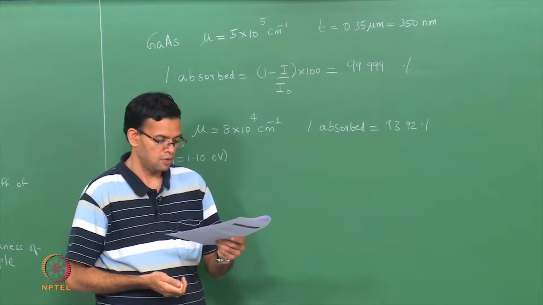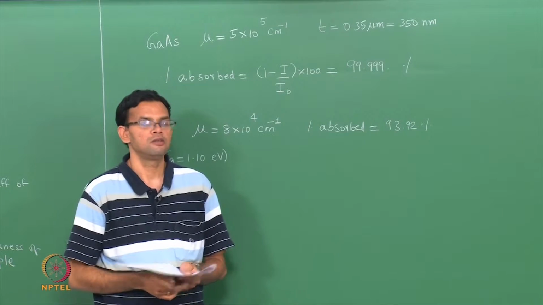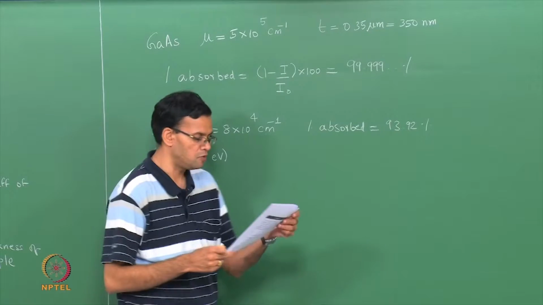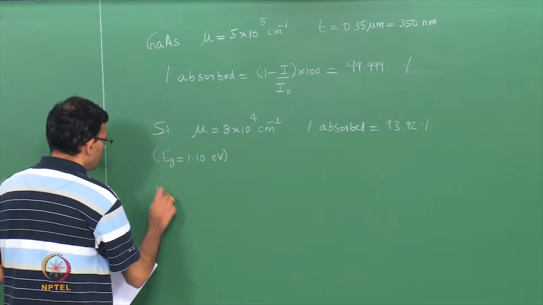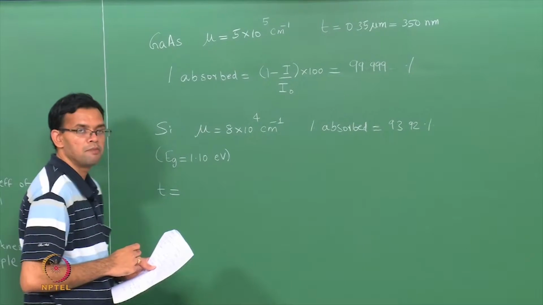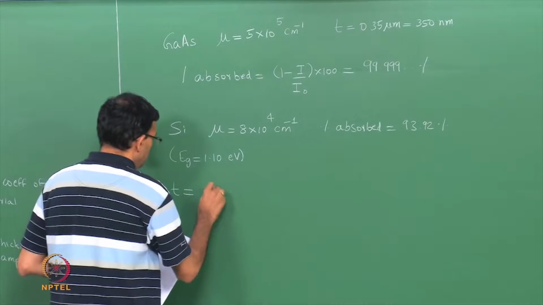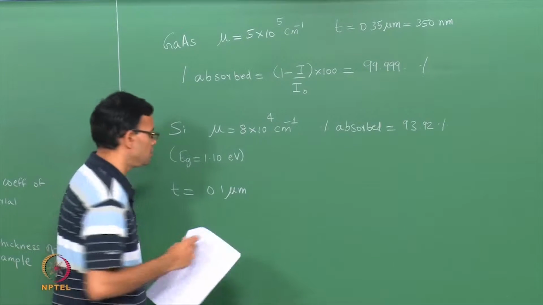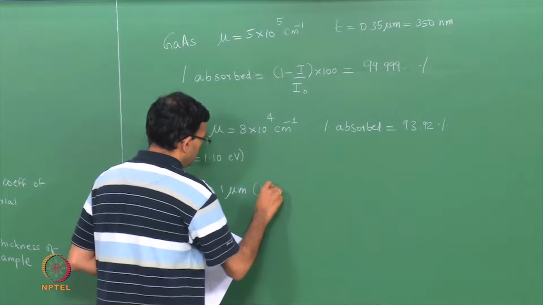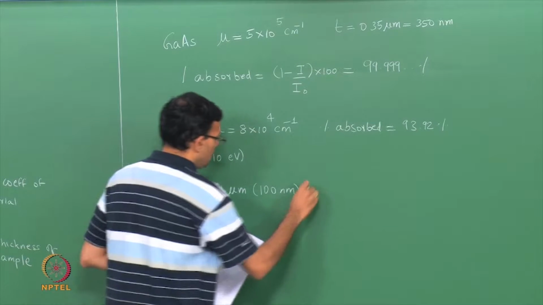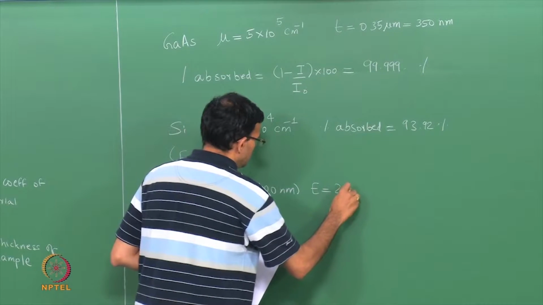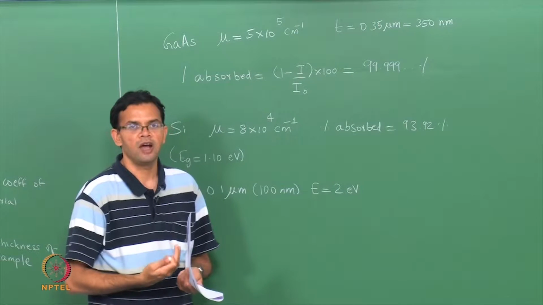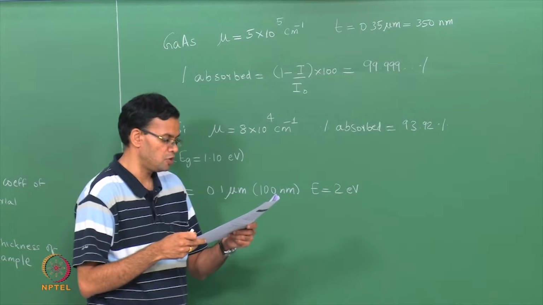We can actually go beyond and do some more calculations just to get a feel of this value. Instead of 0.35 micrometers, I now reduce my thickness to 0.1 micrometers, which is approximately 100 nanometers. My energy is still 2 electron volts, so I can use the same values for the absorption coefficient.